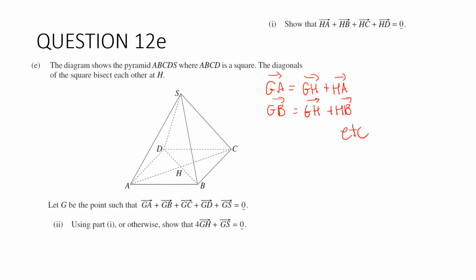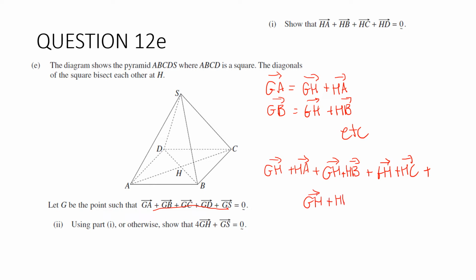So if we take this here and we change it, we're going to go GH plus HA plus GH plus HB plus GH plus HC plus GH plus HD, I'm getting there, plus GS.